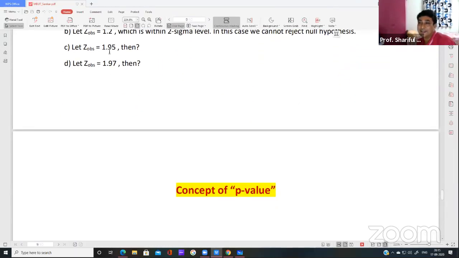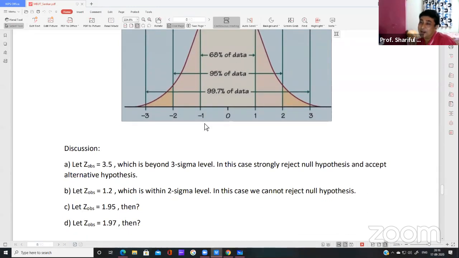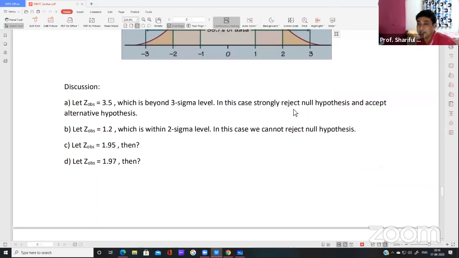Is there any valid reason to reject it? Generally, we perform our test at a fixed level, 5% level or 1% level. At the 5% level, if it is beyond 95%, we will reject, and within 95% we will accept. At the 1% level, basically the 99% level, we will accept within it, and beyond 99% we will reject.